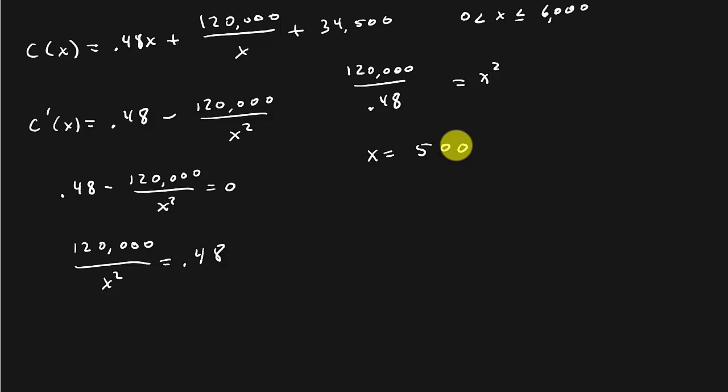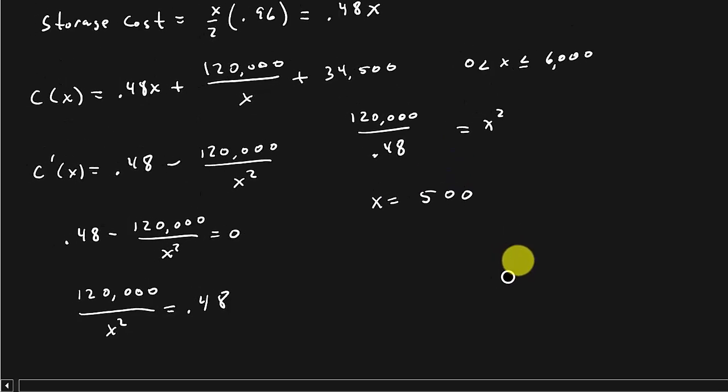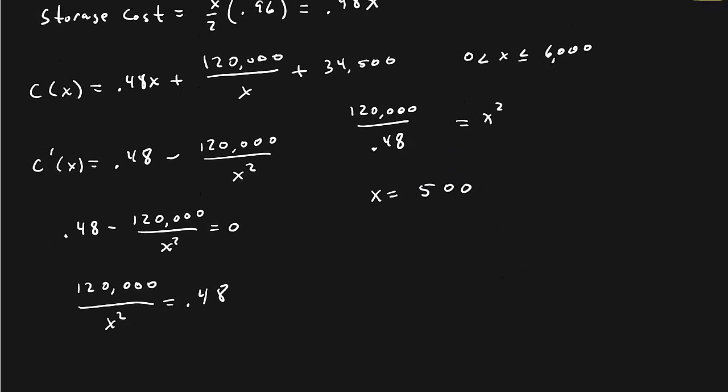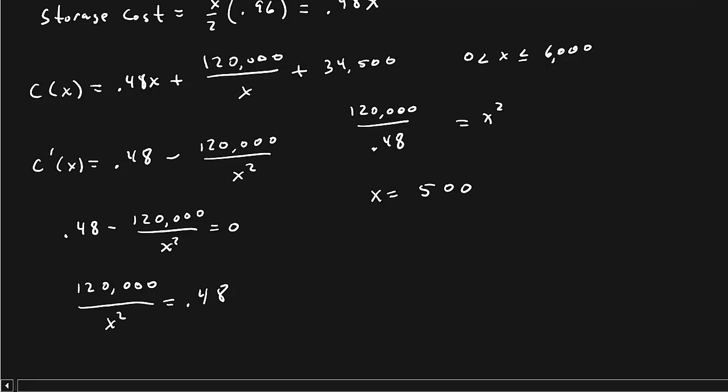So if you look at this, that's our minimum, X equals 500. That's what we need to look at. If we take C double prime of X, the derivative of this, what is that going to give us?